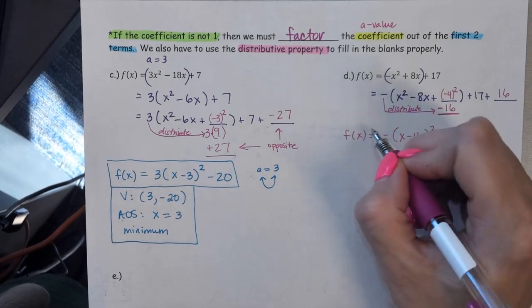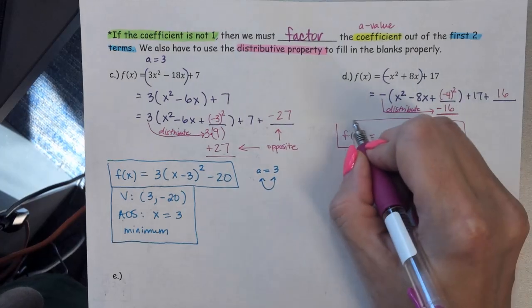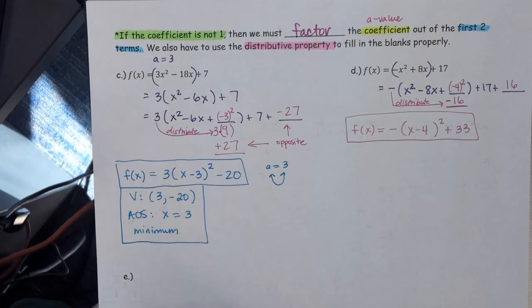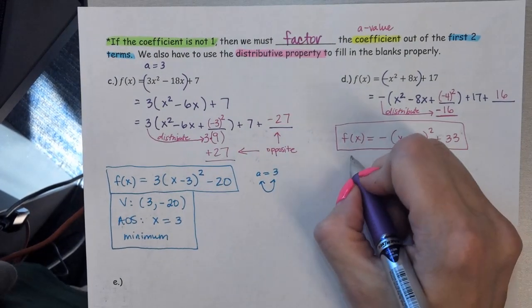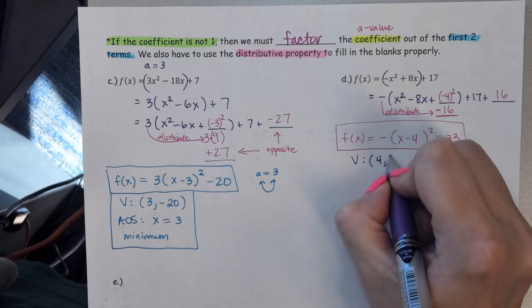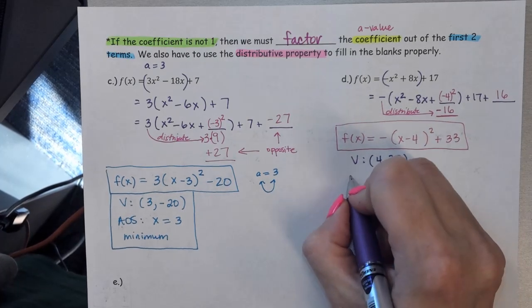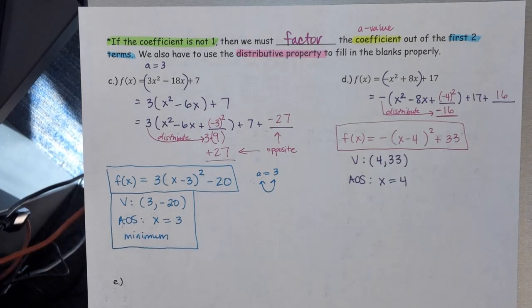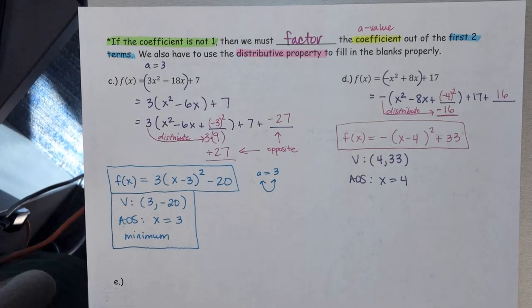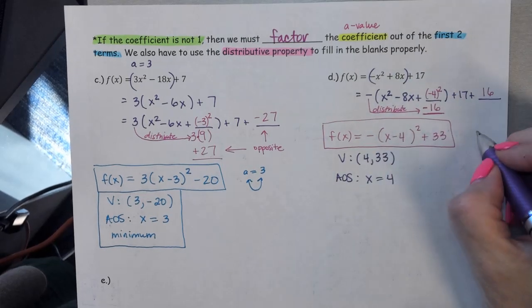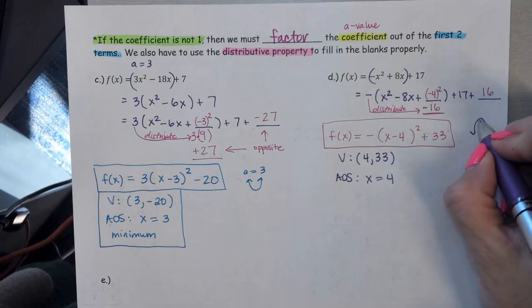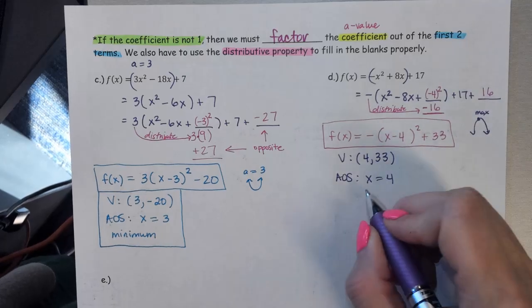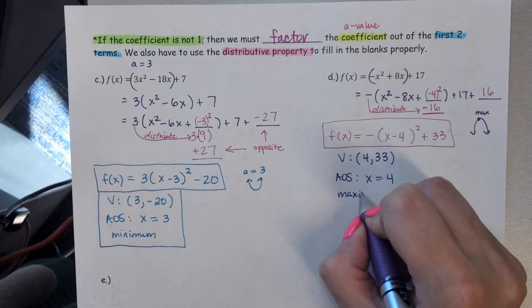This is your f of x. Okay, and then your vertex, 4, 33. Axis of symmetry is always equal to that x coordinate. Okay, now this time it was a negative, so it opened downward, which means you have a maximum.